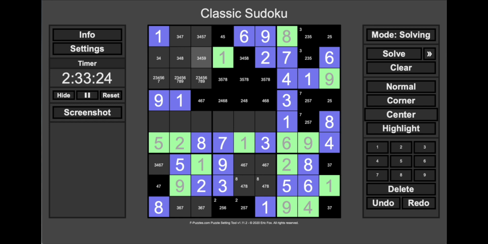Now let's see. Okay, now, so I think these are good, and I believe these are good.